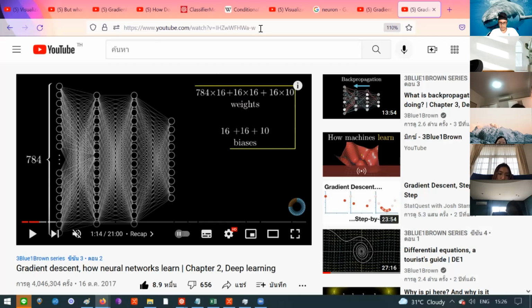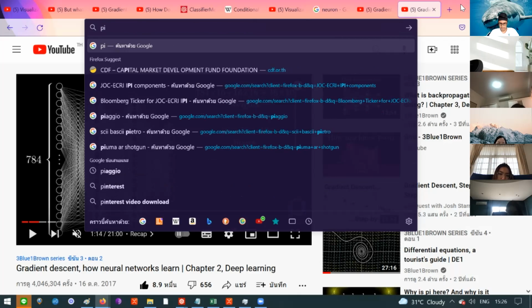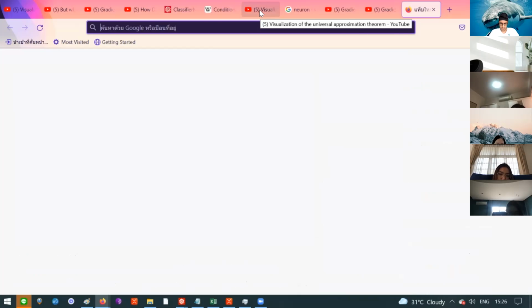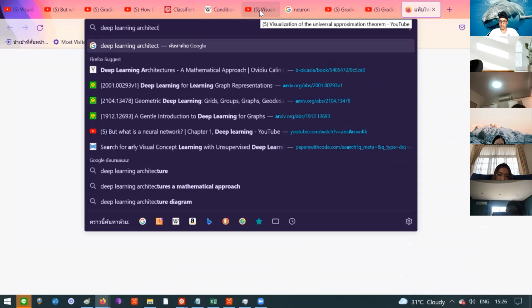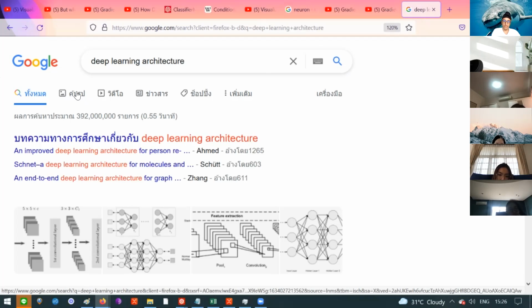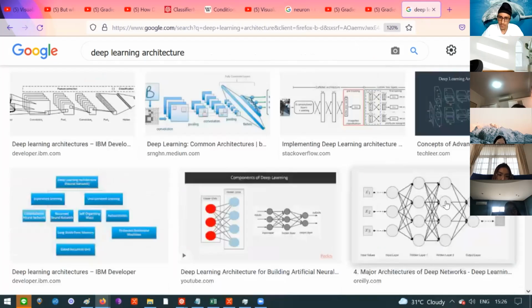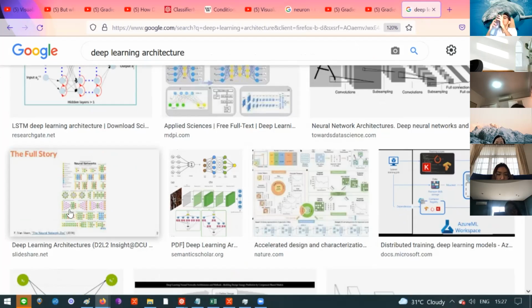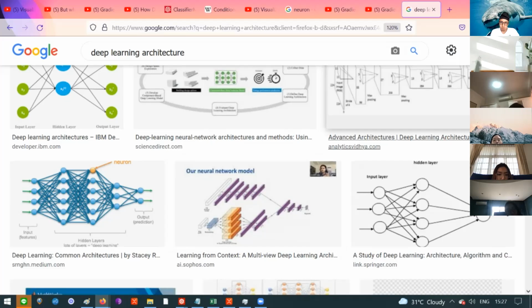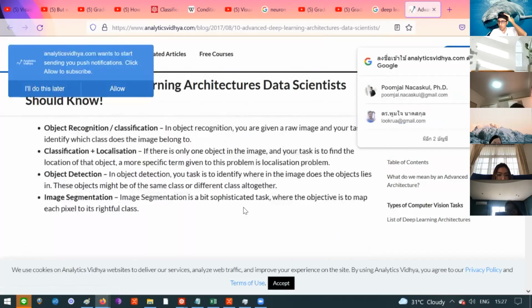Look at today's architecture. Let's go to something like Wikipedia, let's go to deep learning architecture, and let's go to pictures. This is what you do today. Let me show you what a typical architecture looks like nowadays.